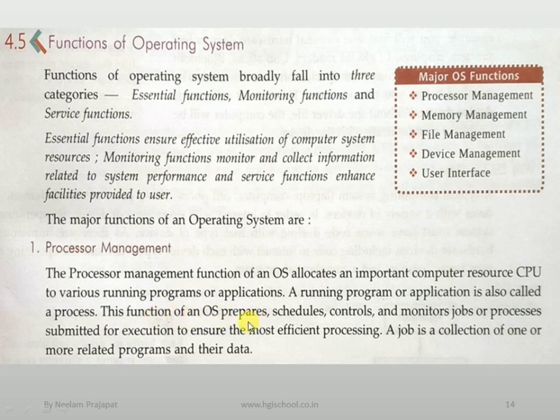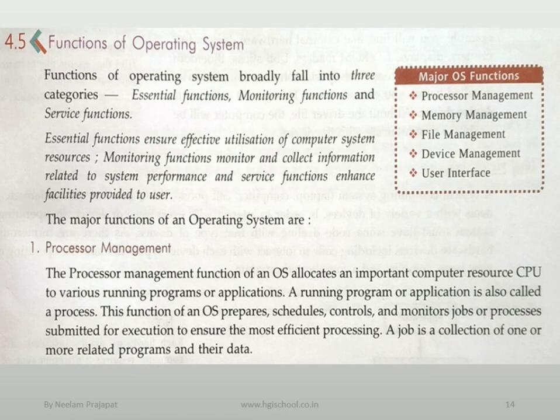So this function, process management, will prepare, schedule, control, and monitor jobs, or we can say processes, submitted for execution to ensure the most efficient processing. Got it? So all processing can be done in an efficient manner.